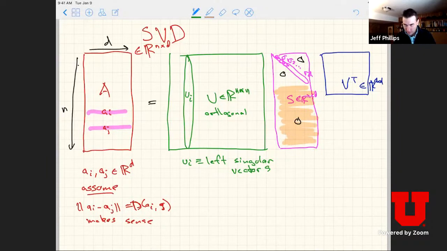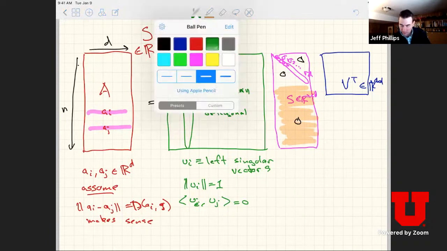These are going to have the property that the norm of each U_i is equal to 1, and U_i dot U_j is going to be equal to 0. So these are going to be orthogonal with each other.